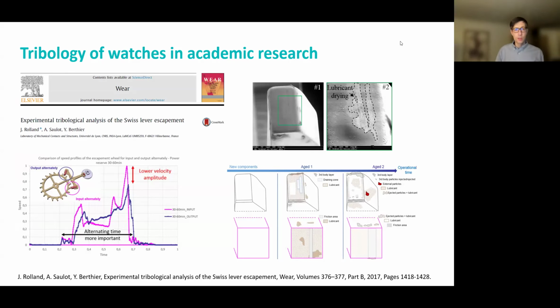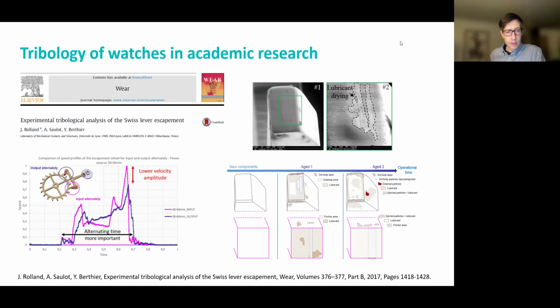There is some evidence of academic research on tribology of watches, but I have to say very minimal. I only came across a few research papers on tribology of watches, like this one from colleagues from France. They looked specifically at the Swiss lever escapement.